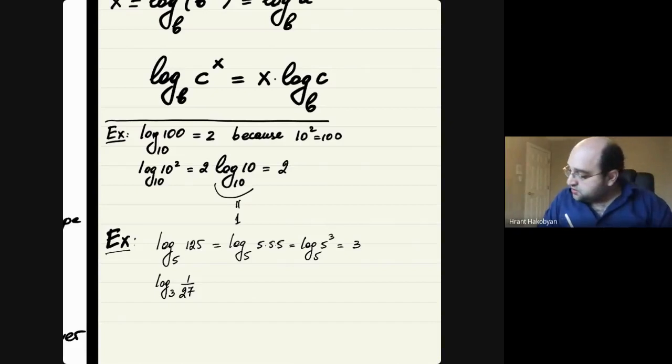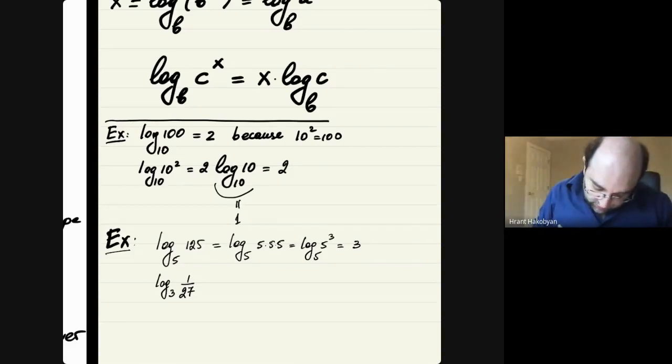So what is that equal to? We need to figure out what 1 over 27 is. 1 over 27 is 1 over 3 to power 3, because 27 is 3 to power 3. So that means I can write this as 3 to power negative 3.